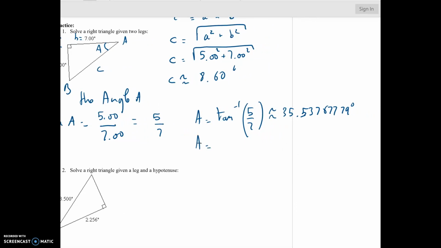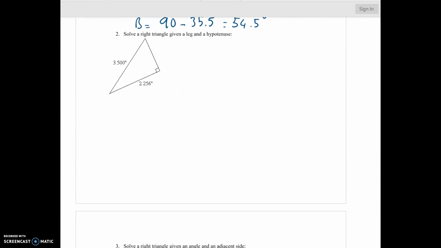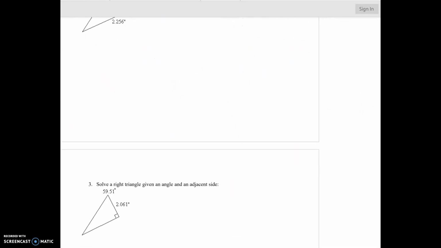Therefore, I'm going to have A equal 35.5 degrees. Now, if I want to find B, I know that B is going to be equal to 90 minus 35.5, which implies 54.5 degrees. I'll let you do the same thing for problem number 2, as well as problem number 3.